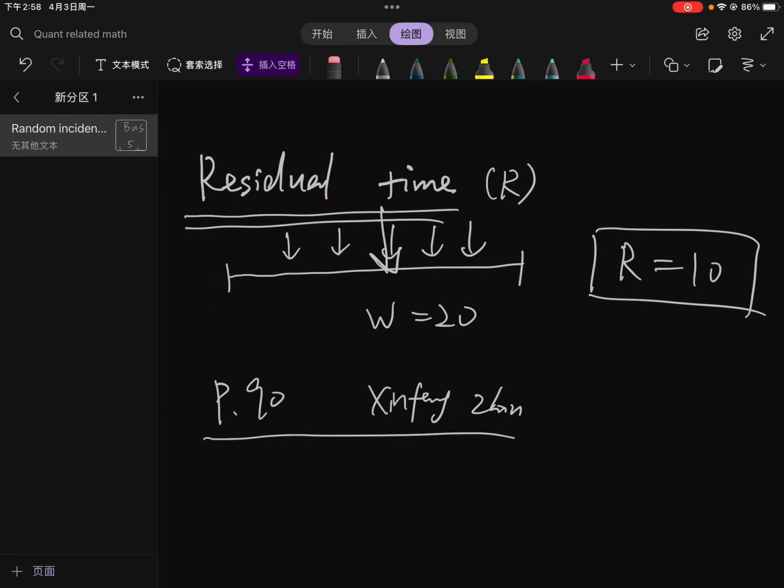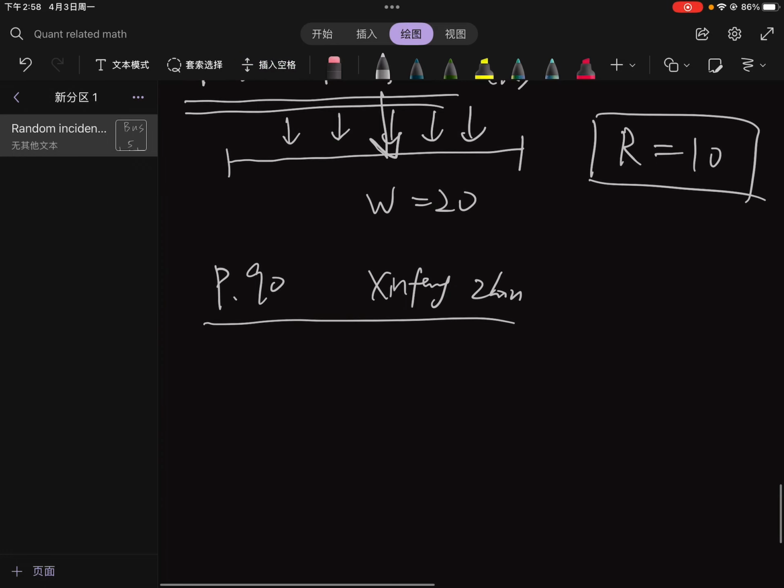So maybe one more thing. This residual time is actually, we have another distribution we call the Erlang distribution.